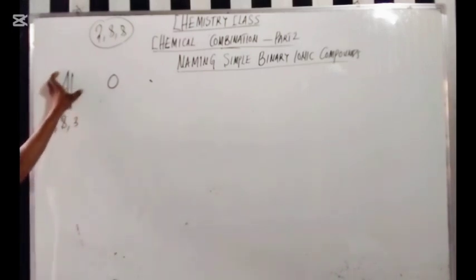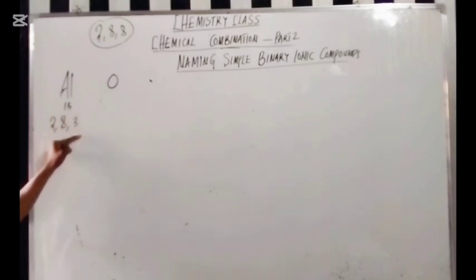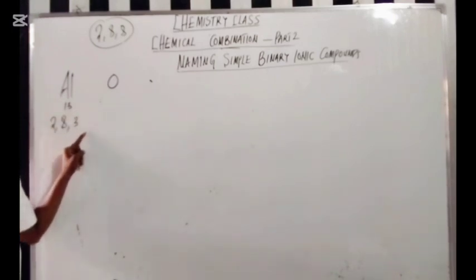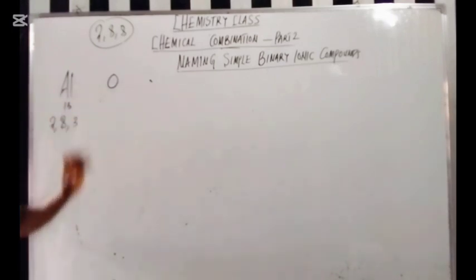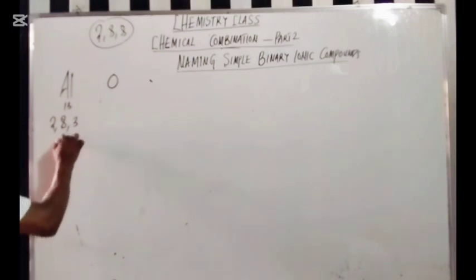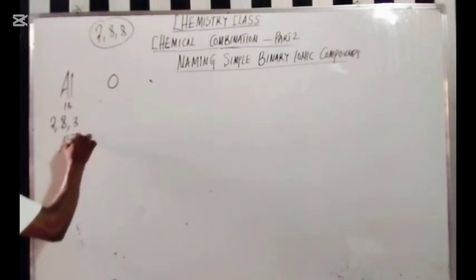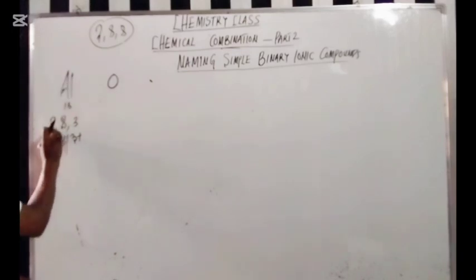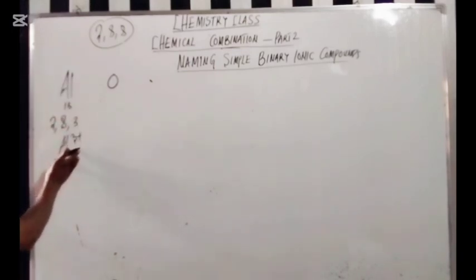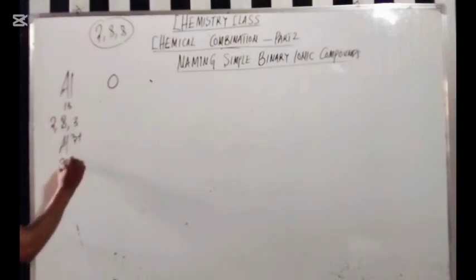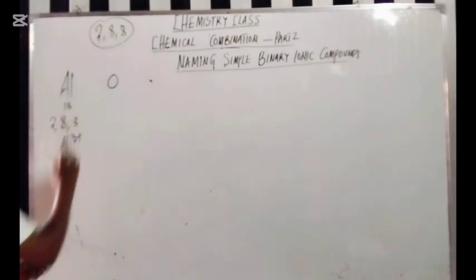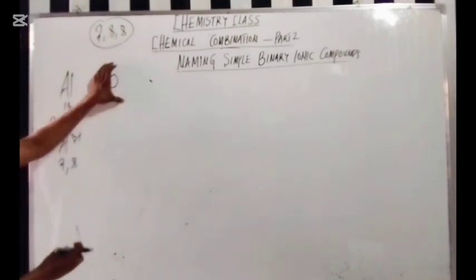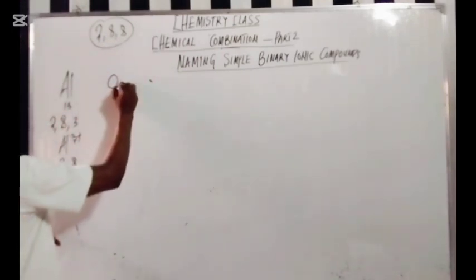Now, for aluminium to obey the octet, it has to lose the 3 electrons in the atom's outer shell, right? When you lose the 3 electrons, it now becomes Al3+. So aluminium is 2 8 3, but aluminium 3+ is 2 8 to obey the octet. You see that? Now, oxygen is 8, right?